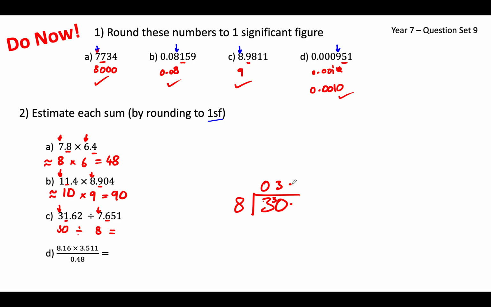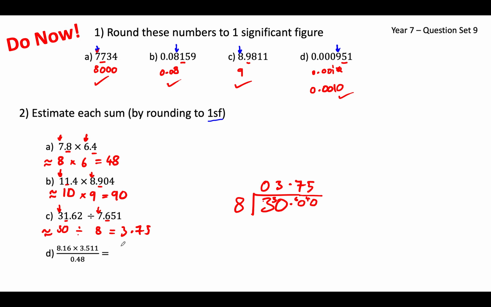So we'll put in a decimal point, carry the 6 across, put in a 0. 8s into 60, so 6 8s are 48, 7 8s are 56. So 7 8s are 56, which means there's 4 left over, so carry it across. 8s into 40, go 5. So 3.75. My sum is roughly equal to 3.75.